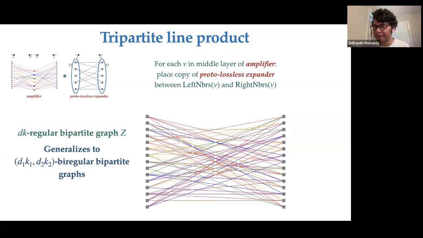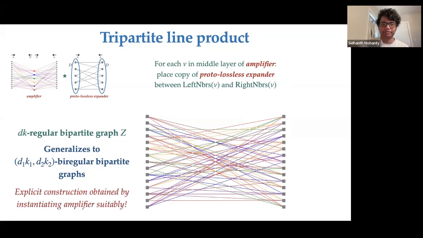And if you wanted to get biregular graphs where maybe the left side has some degree and the right side has a different degree, then you can generalize this construction by simply changing the relevant parameters in the amplifier and the proto-lossless expander. And the explicit construction, which was stated as the main result of this talk, can be obtained by suitably instantiating the amplifier.